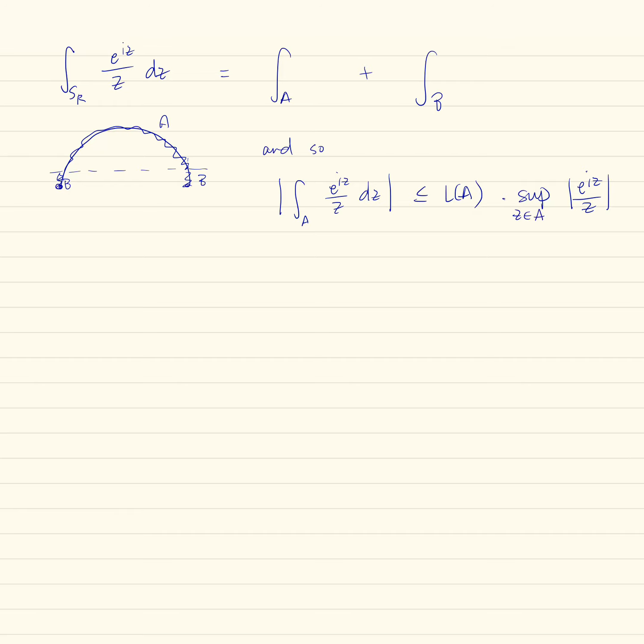But now if z belongs to A, the length of A, we're going to estimate that by just pi r. If z belongs to A, then that denominator is just going to be r, right?